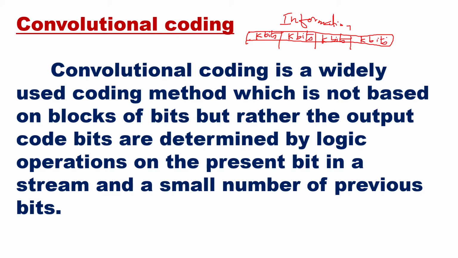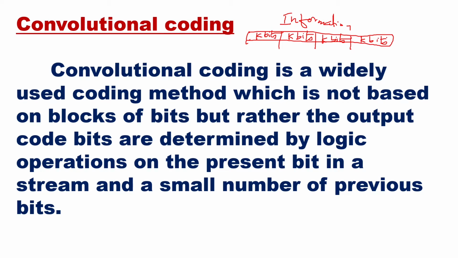Now see the definition. A convolutional coding is a widely used coding method which is not based on blocks of bits, but rather the output code bits are determined by logic operations. This is very important: the output code bits are determined by logic operations on the present bit.